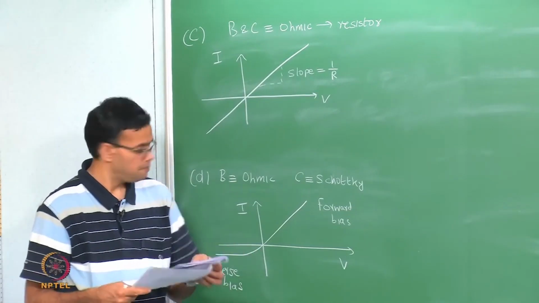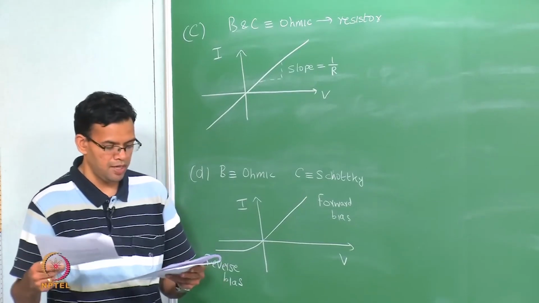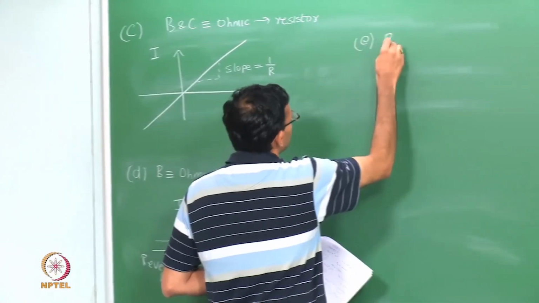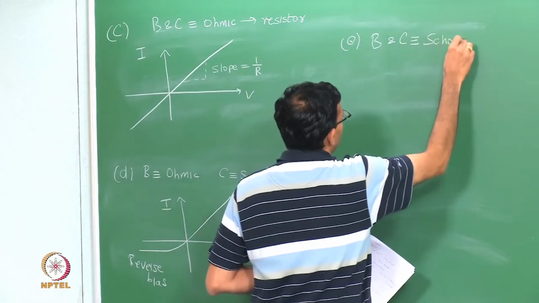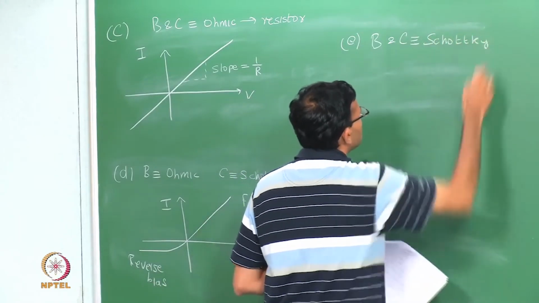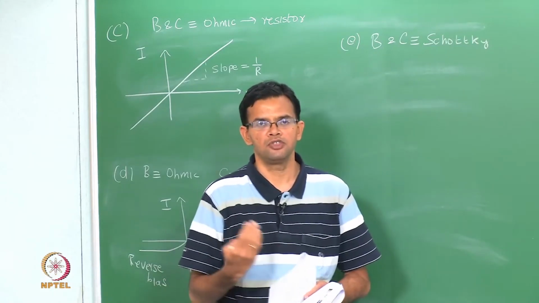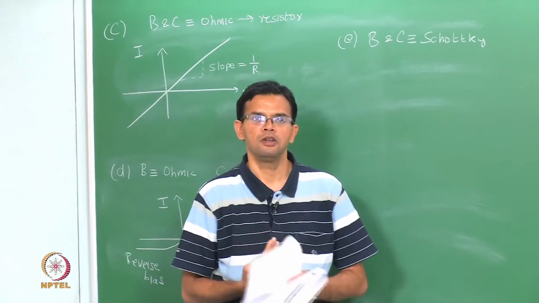In part E, sketch the IV characteristics when both B and C are Schottky. So, B and C are both Schottky. In this particular case, if one of the junctions is forward biased, the other junction will be reverse biased, and so on.